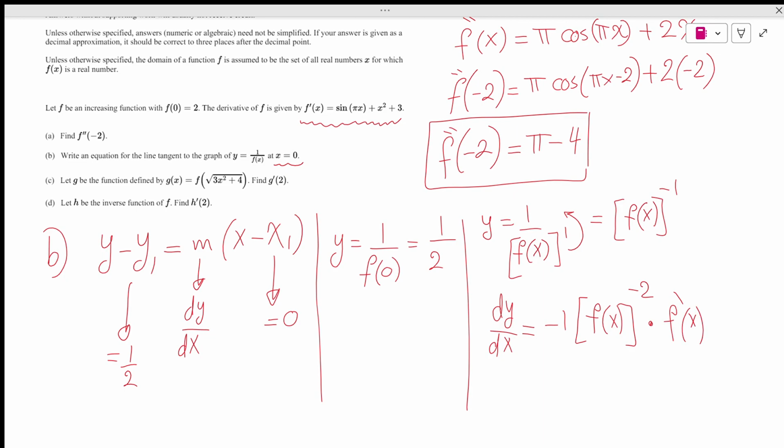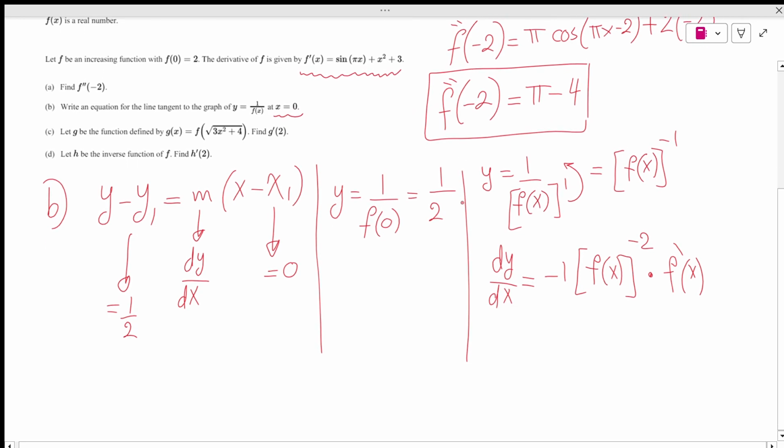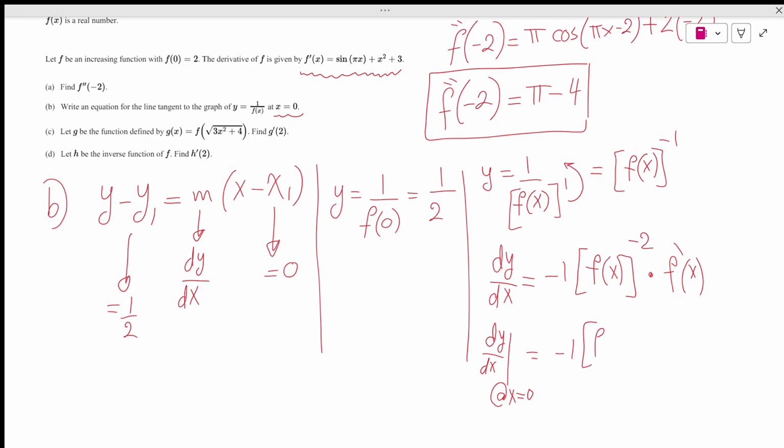Okay, notice that we need to find this derivative at x equals 0. So dy over dx at x equals 0 will equal to negative 1 bracket f of 0.